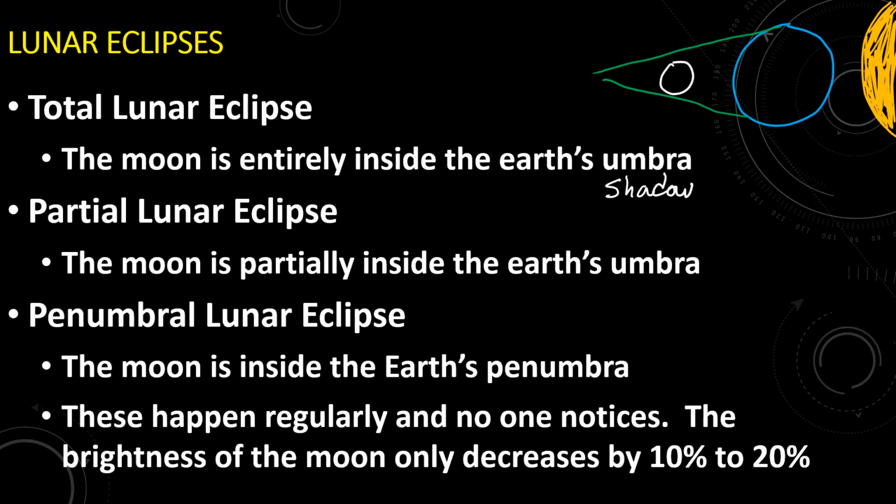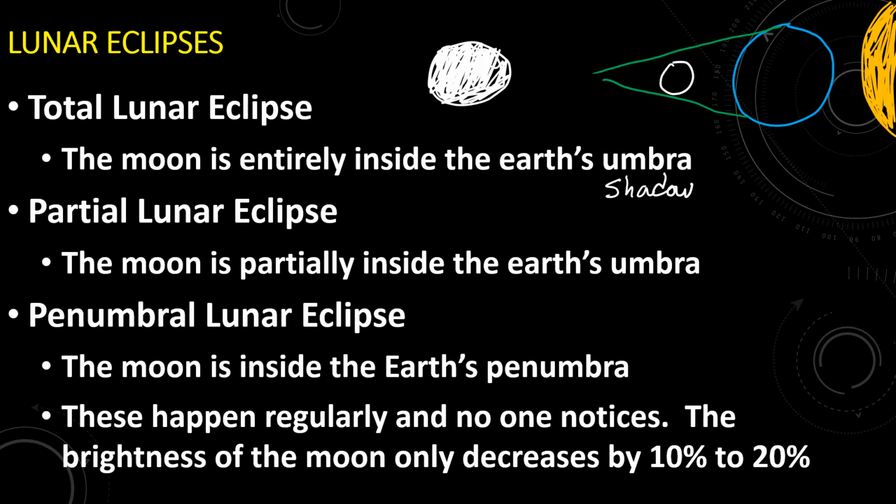We still actually will see the moon during a lunar eclipse. It'll get dark as the Earth's shadow goes over it. So I'll show you kind of what it does here. I'm going to color this in.